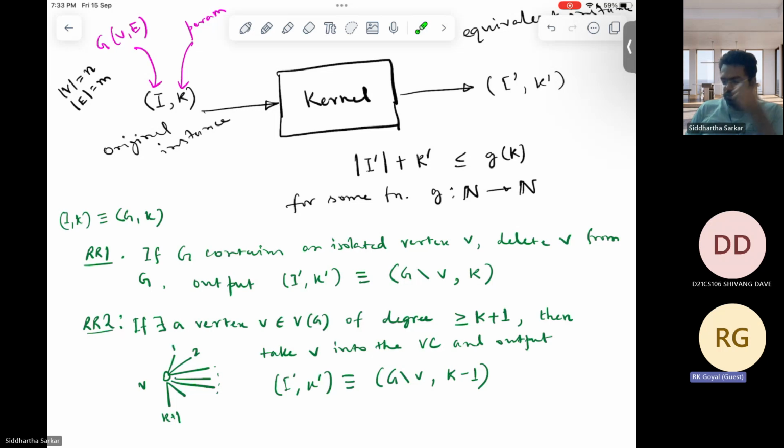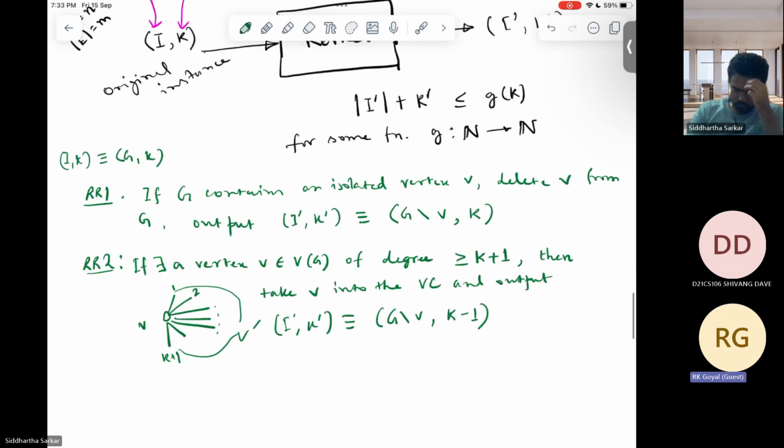So my point here is that all these vertices, ranging from 1 till k plus 1, are further connected to another vertex, say v dash. So instead of taking the vertex v whose degree is k plus 1, now I am including v dash. Could it be a problem of having multiple edges between the same vertices?